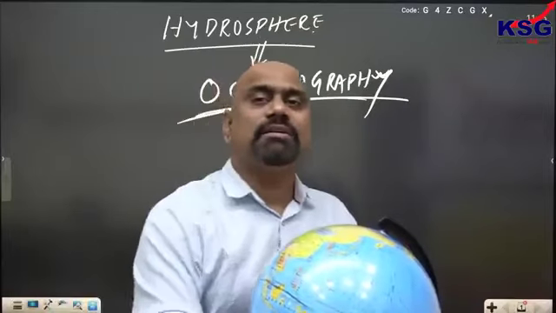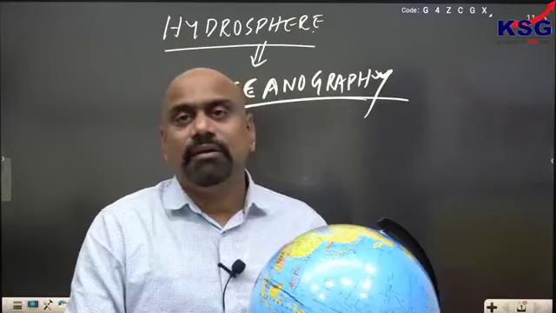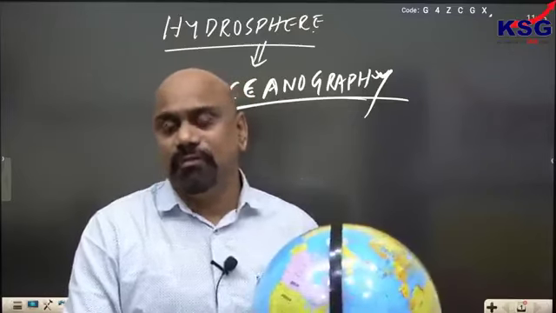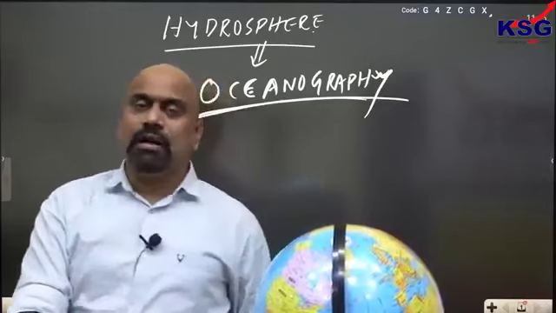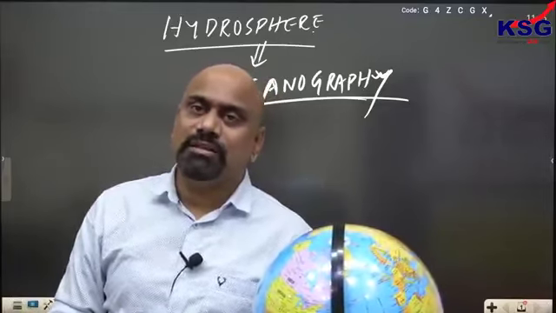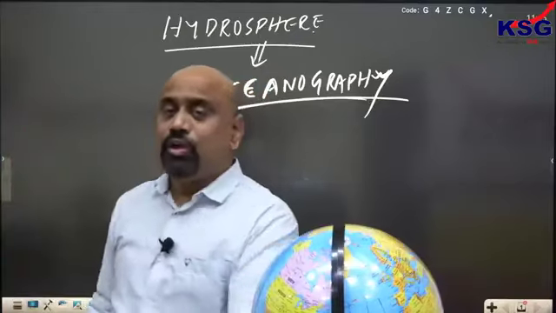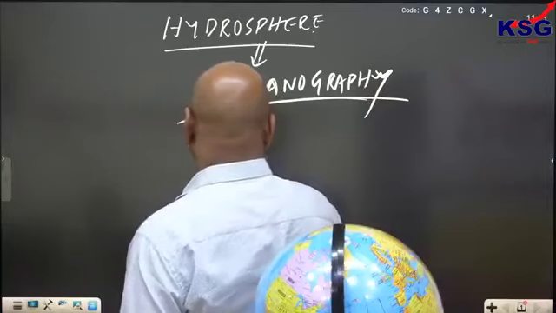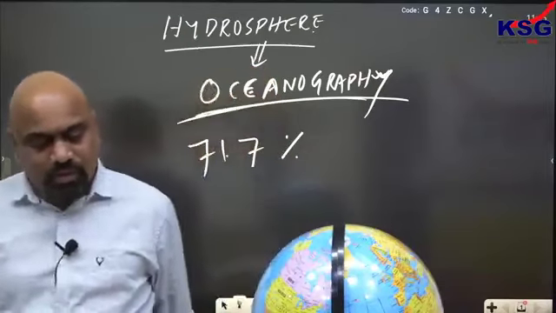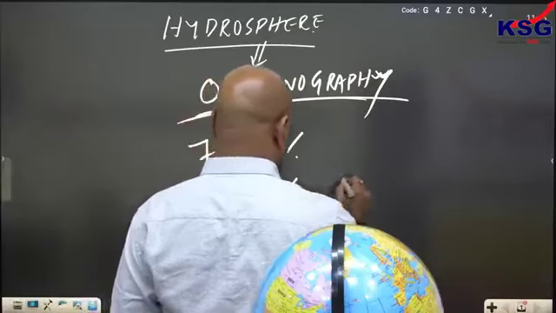If you look carefully at the world map, you will find more water in the southern hemisphere and more landmass in the northern hemisphere. My friends, we can say that water covers 71.7% of the total surface area of the earth, and 28.3% is the land area, the continental part.